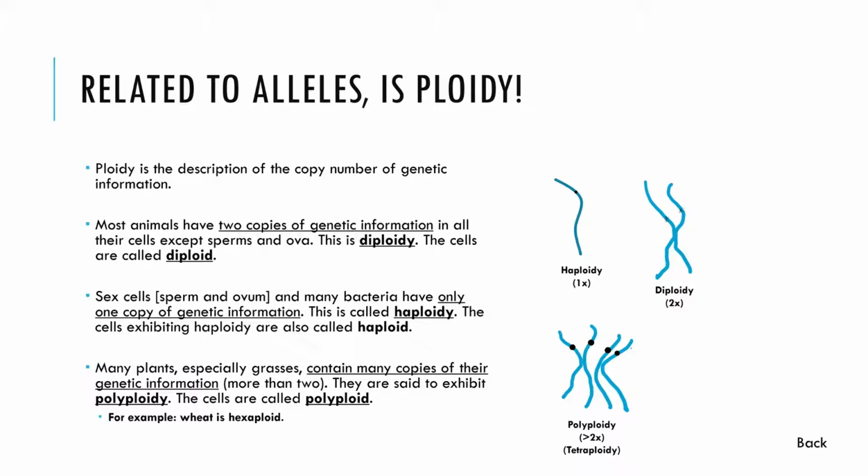Sex cells, or sperm and ova cells, and many bacteria have only 1 copy of their genetic information, and this is called haploid. The cells exhibiting haploidy are also called haploid. Many plants, especially grasses and wheat, contain more than 2 copies of their genetic information. They are said to exhibit polyploidy. For example, wheat is commonly hexaploid.